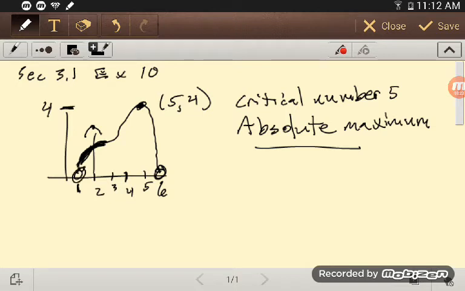We never quite reach 0, and so there are no relative nor absolute minimums. And well, let's see. Let me go back on the absolute maximum. Let's also mention that it is a relative maximum at that critical number.